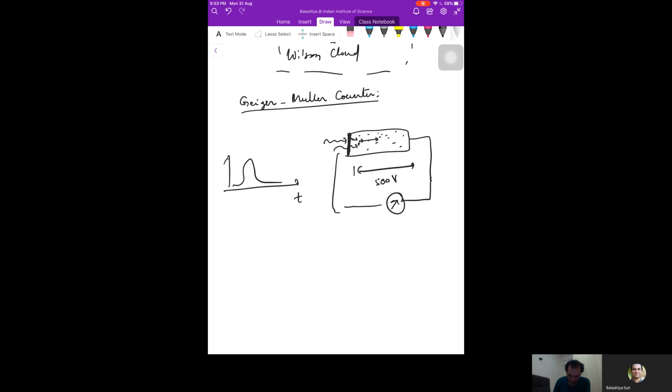This is time and this is current, and the pulse of current gives you a measure of how many electrons in that time frame got ionized. Okay, and by doing a sort of back calculation, you can tell how many incident photons were there.